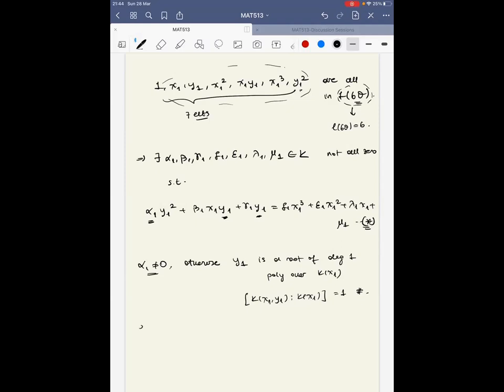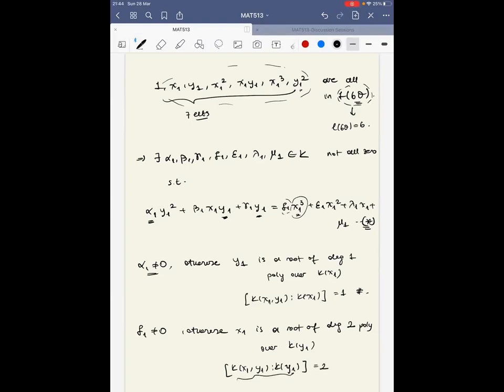And similarly, the coefficient of x1 cubed should also be non-zero, because again, otherwise x1 is a root of a degree 2 polynomial over k of y1, and this gives us the extension degree as 2.